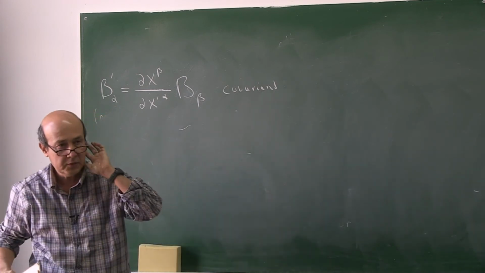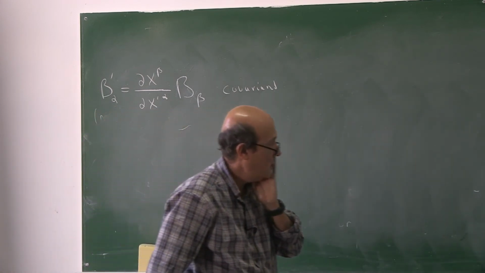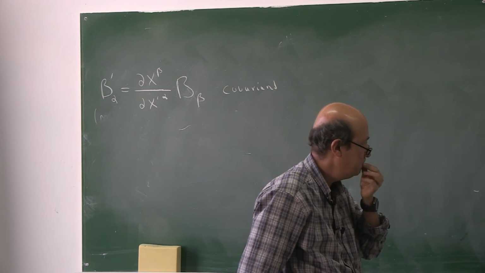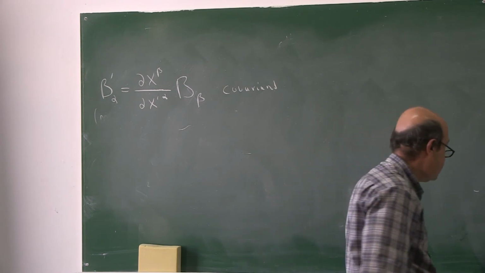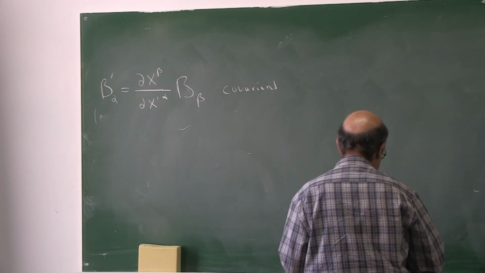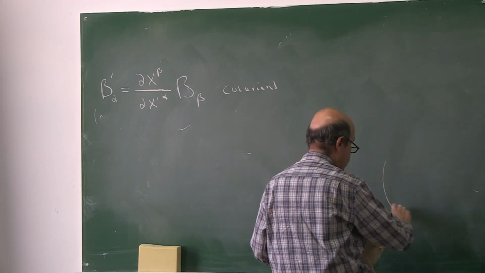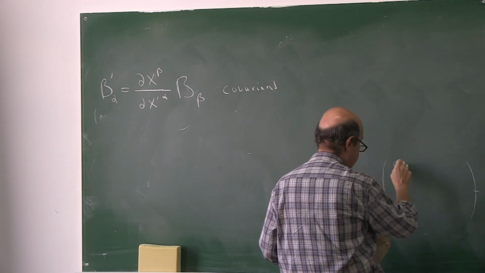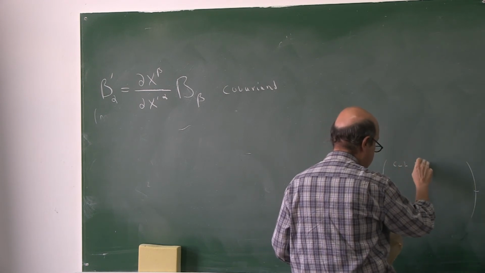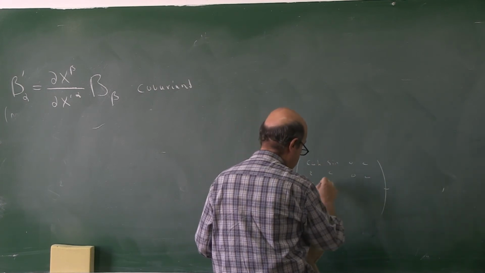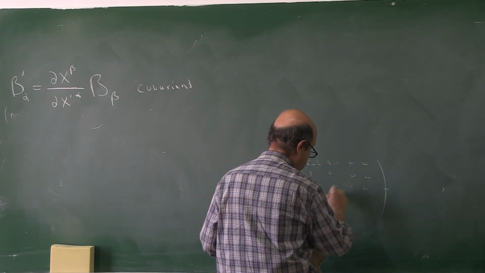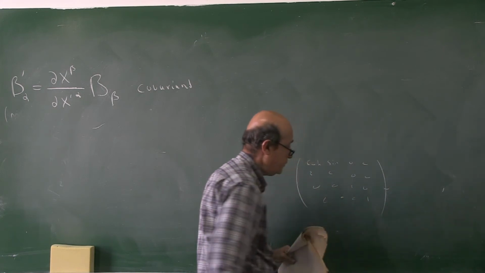And actually, if you look at it, you can think about the boost matrix. I think that was equal to cosh, sinh, 0, 0; sinh, cosh, 0, 0; 0, 0, 1, 0; 0, 0, 0, 1.